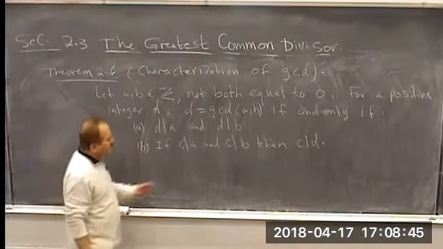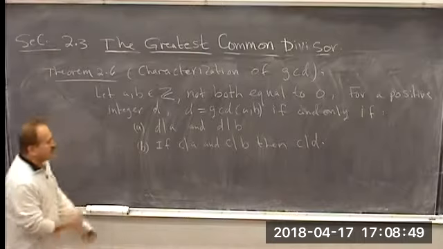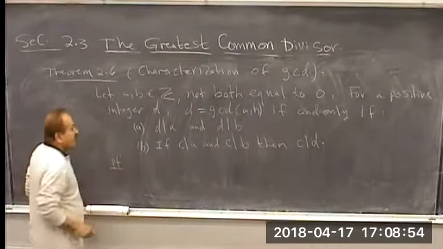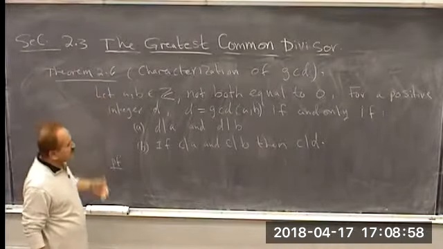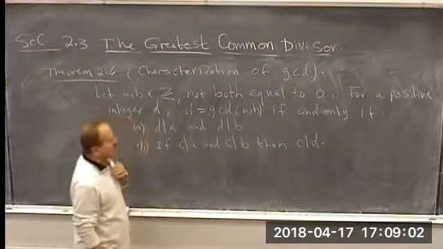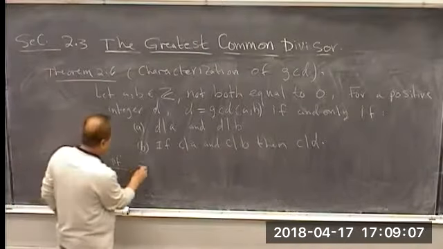Now you can see from this, okay, actually what the proof in one way. Okay, so here it is. Now we're going to take as the definition of a greatest common divisor what we gave before. It means it's a common divisor and it is the largest among all positive divisors. Okay? So let's assume that.